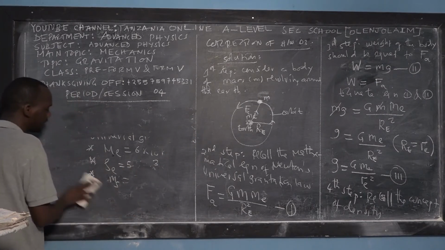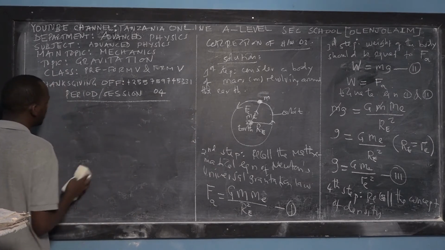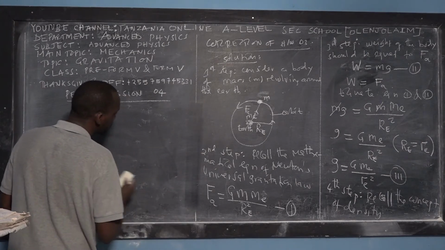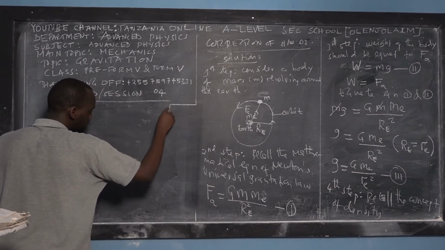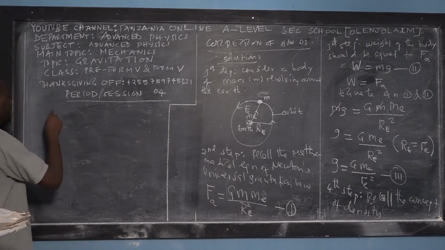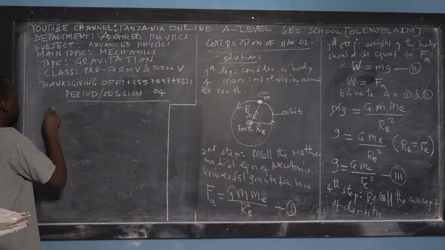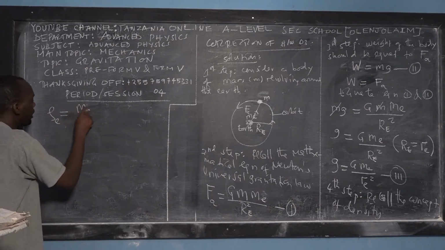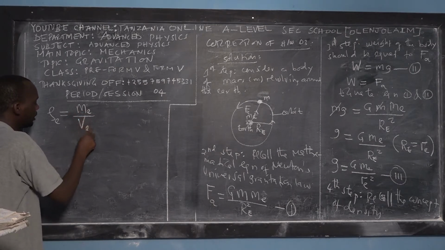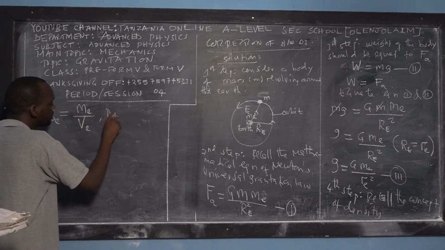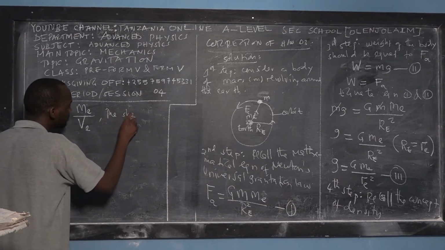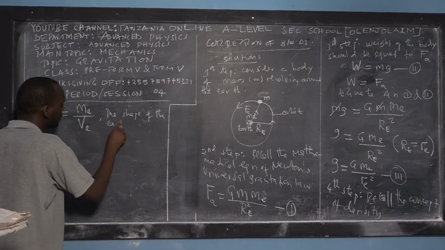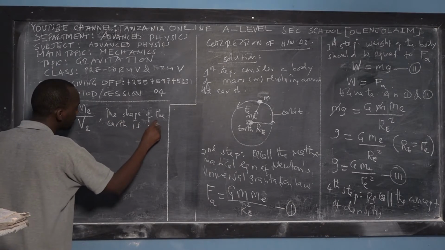So if you are looking for the density of the S, then the density of the S is equal to the mass of the S over the volume of the S. But the shape of the S is what? It is a sphere.